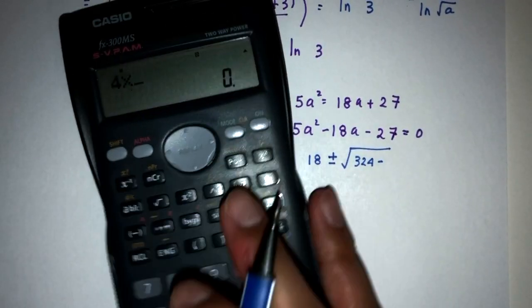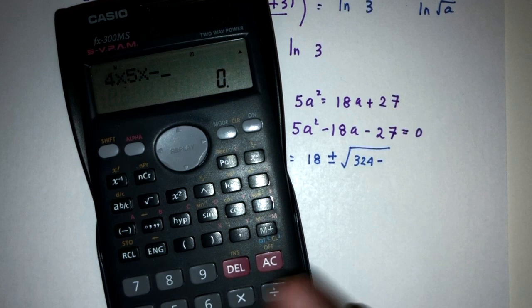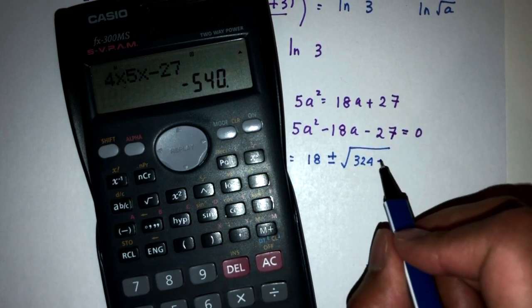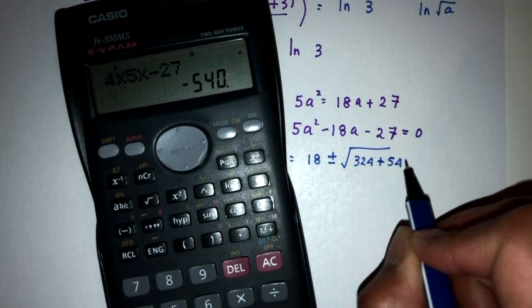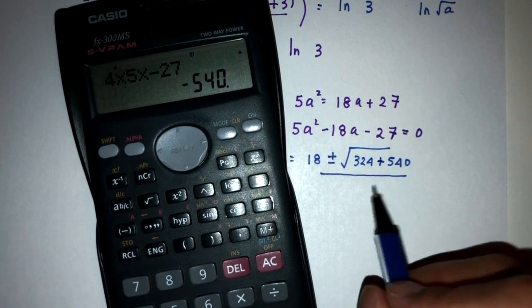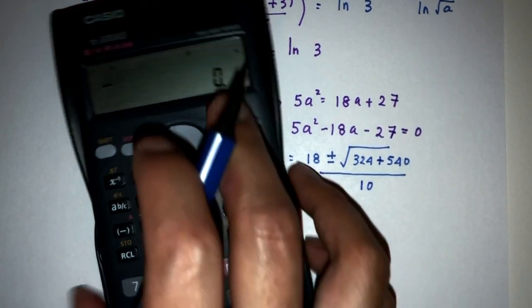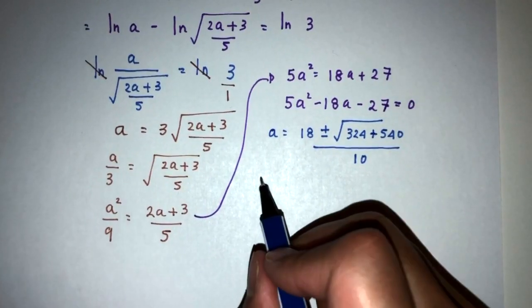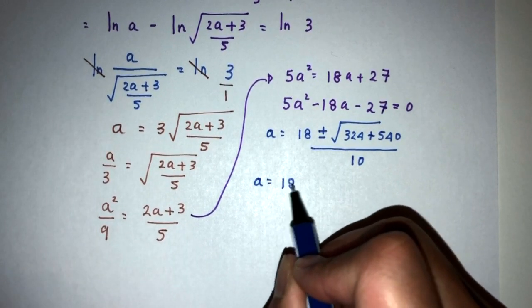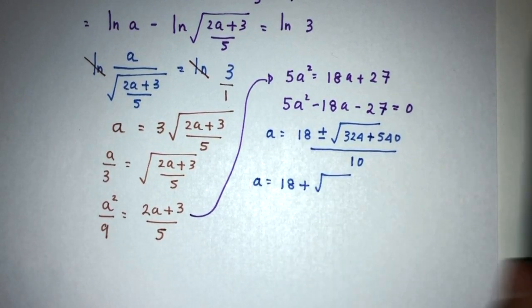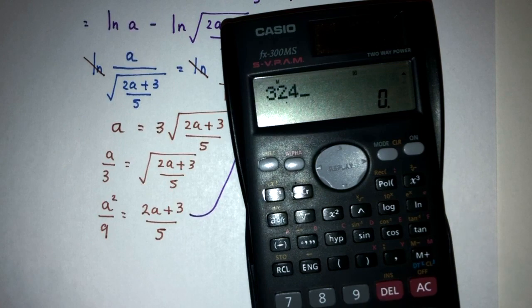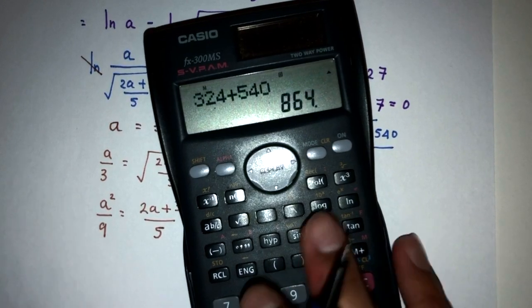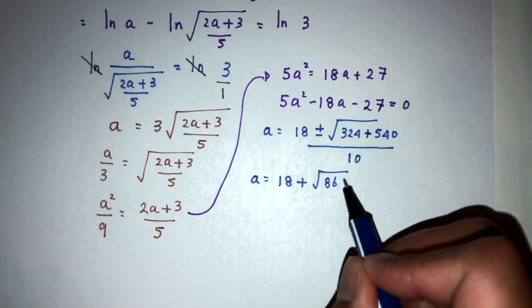So 4 times a is 5 times c. That will be this. And divide by 2a will be 10. Well, obviously, we will only take the positive value here. That will be 18 plus root of 324 plus 540. That will be 864 over 10.